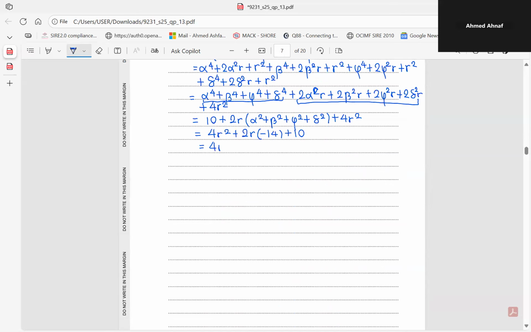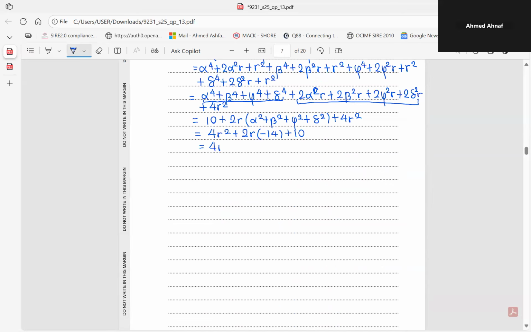So in order to do this, we're going to have to split up the terms into separate summations. Just like when you're integrating a sum or a difference, you have to split it up like that. So this would be the summation of 4r squared plus the summation of minus 28r plus the summation of 10.